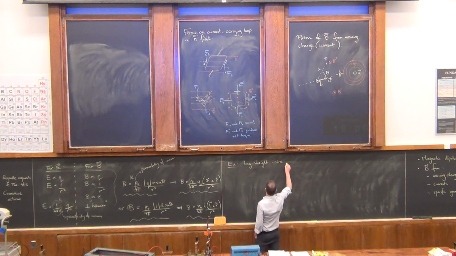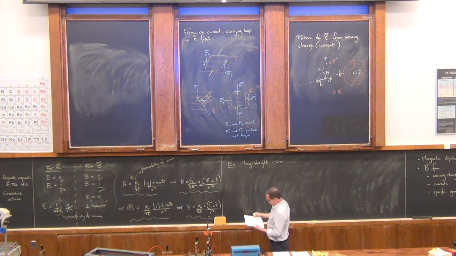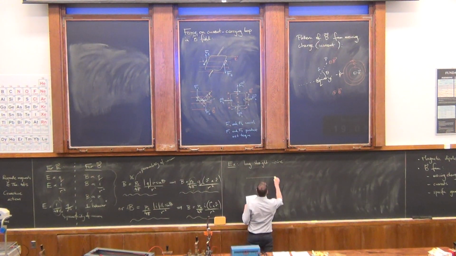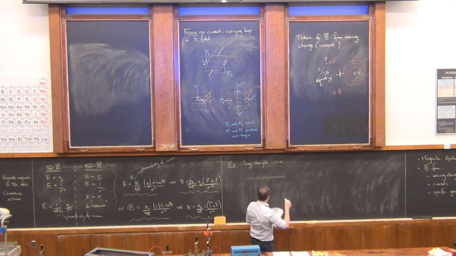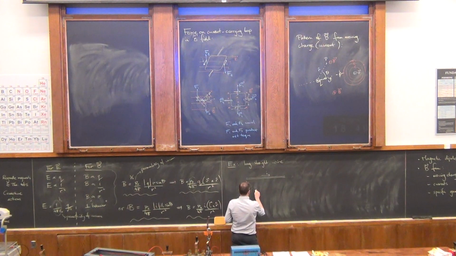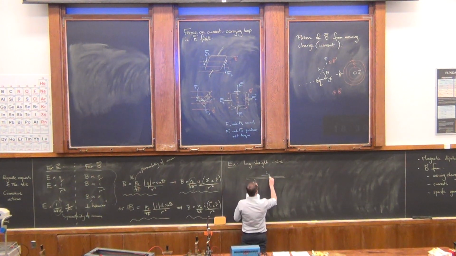So, long straight wire. Okay, so let's take a piece of long straight wire, like so. Let's say I have current going from left to right, and I'm going to try and figure out what the magnetic field at this point P is. It is a perpendicular distance, big R, away from the wire itself. And I'm going to take as a first starting point a small length element of the wire, dL, over here.